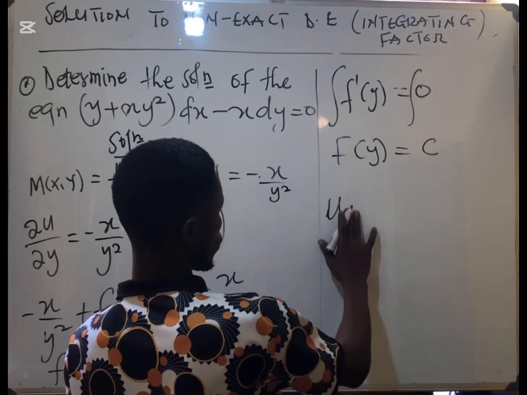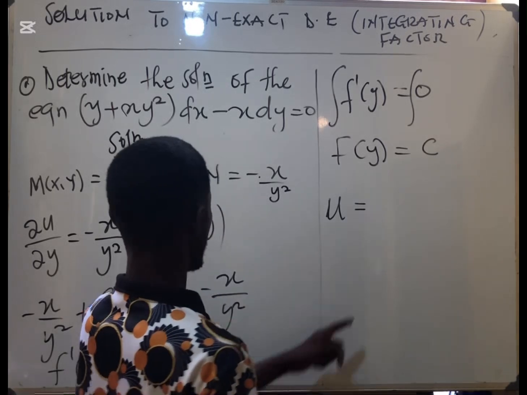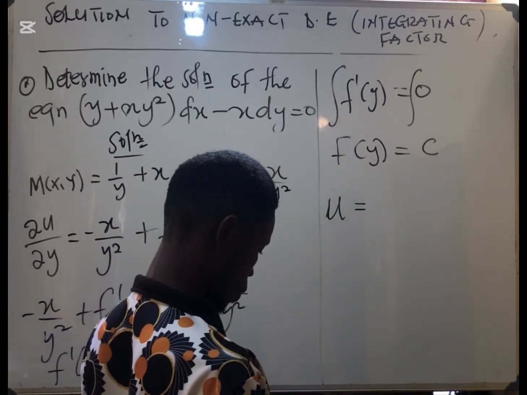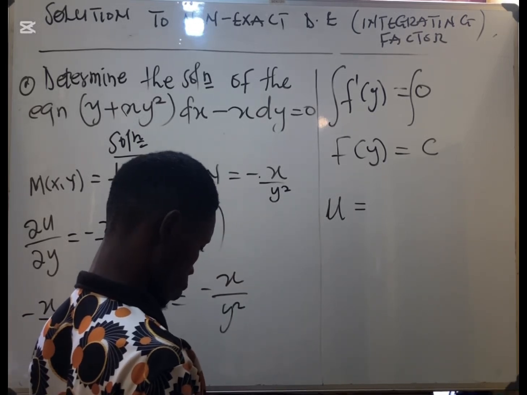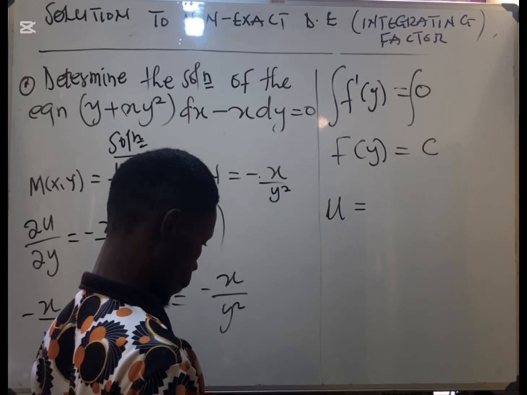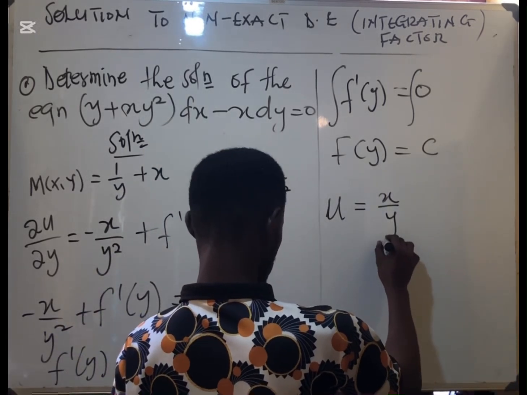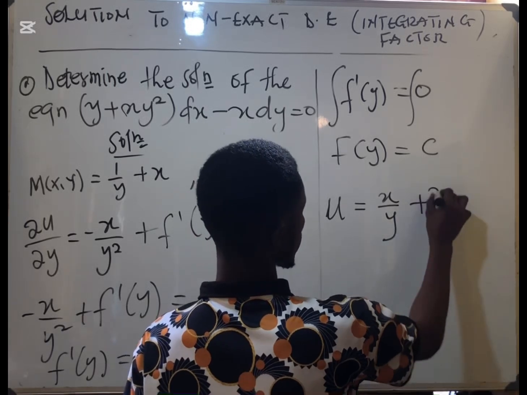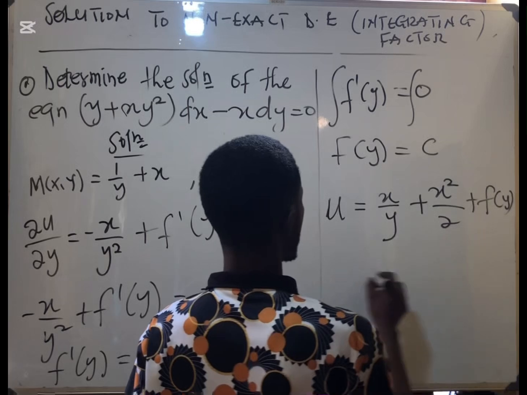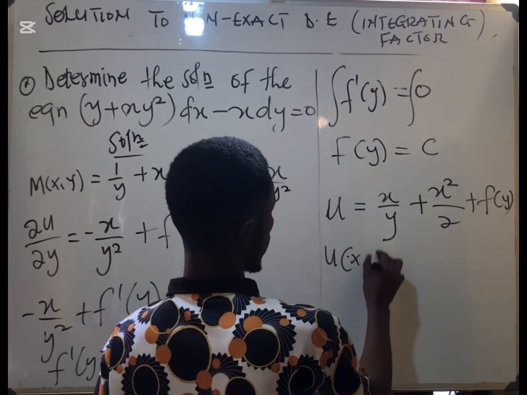So the meaning of it is that when we work for the other one, we have u equals to, I've even cleaned this thing here. Let me check. So we had x over y, okay, plus x squared over 2 plus f at y. So now that we have our f at y, this one is in terms of x and y.